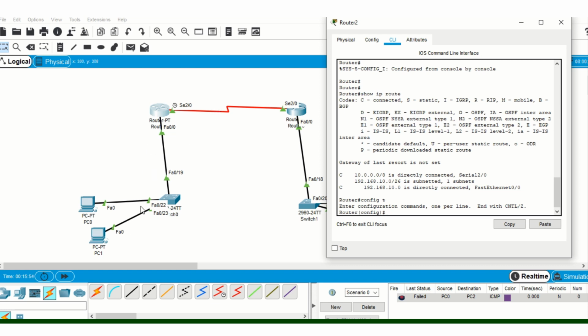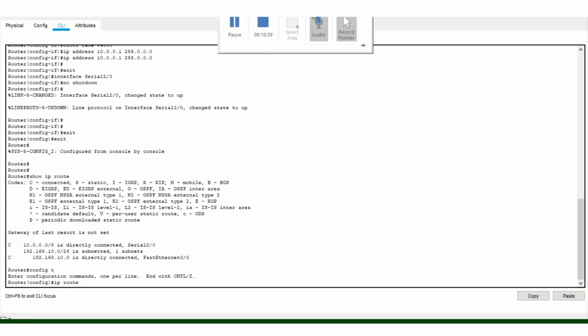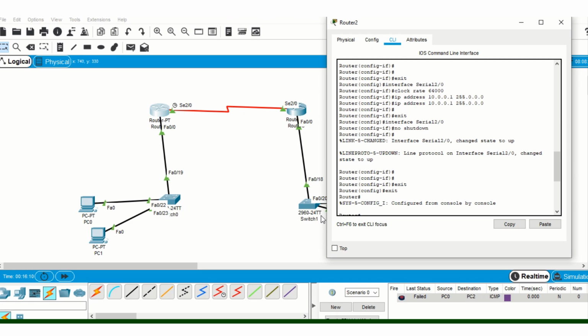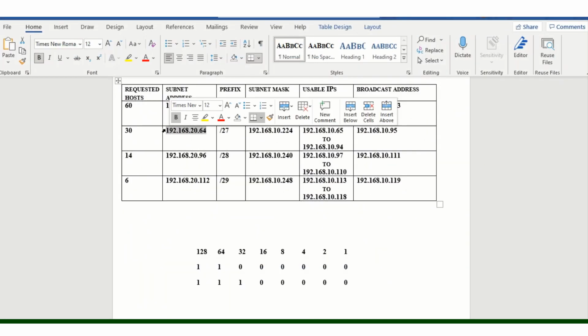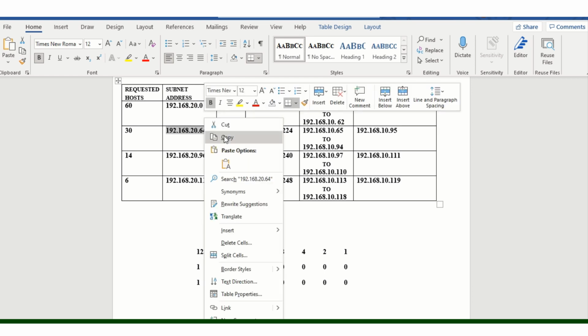So for this router, this network is directly connected, this network is directly connected, so I will add the route of this one only. So it is IP route, destination network address. This second network's destination network address is this network address, copy.